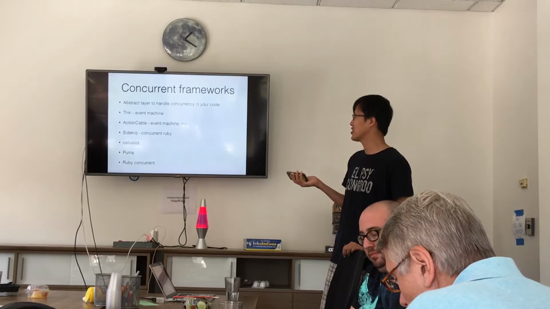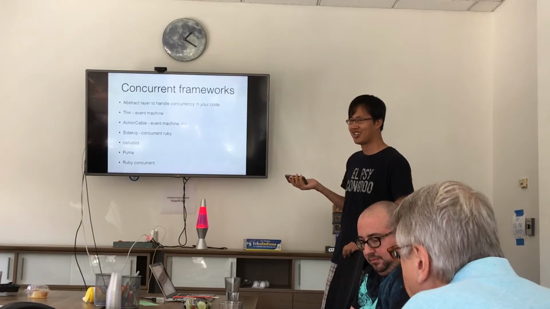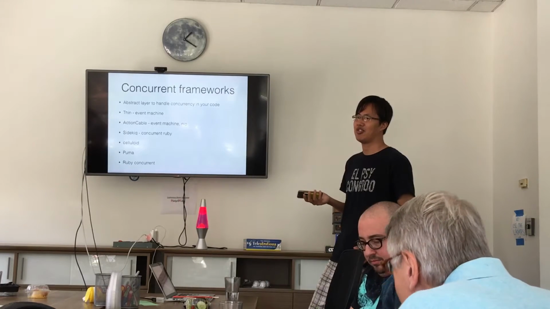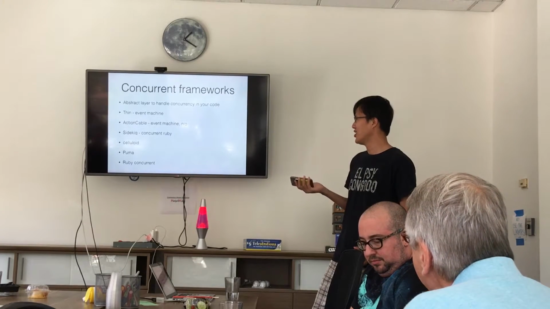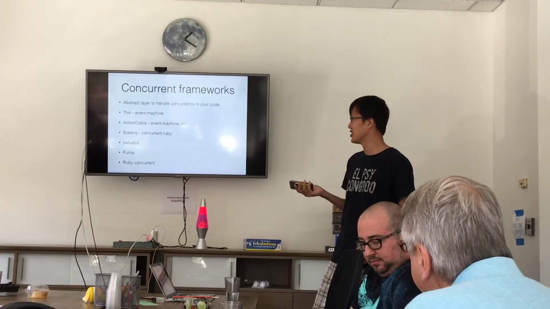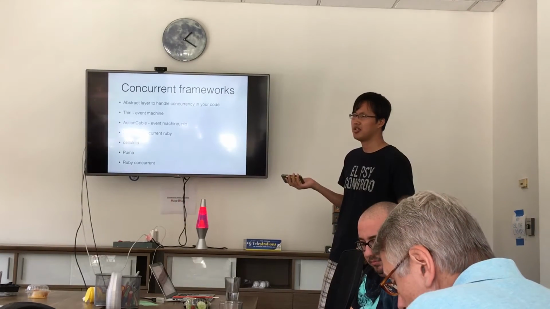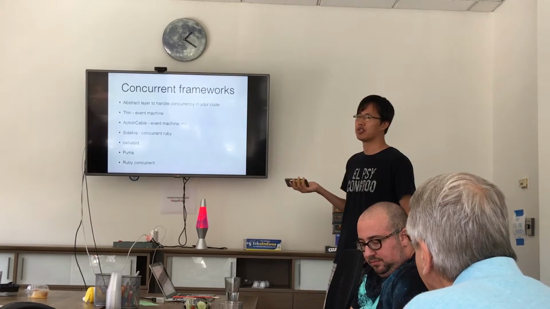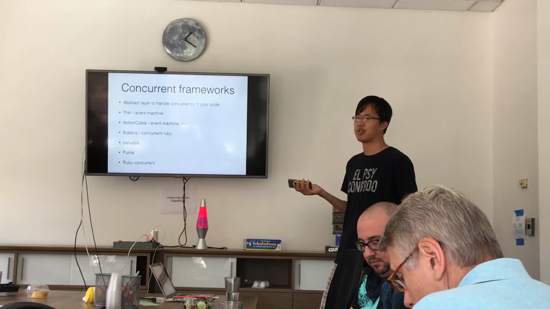There's another thing called Celluloid, which I can't pronounce, but Celluloid is running an actor model. Puma is running a thread pool, and there's a package called Ruby Concurrent, which is right now the main package if you want to use concurrent programming.